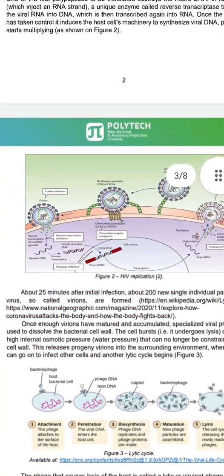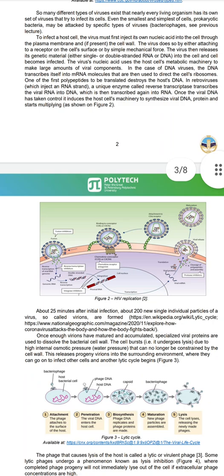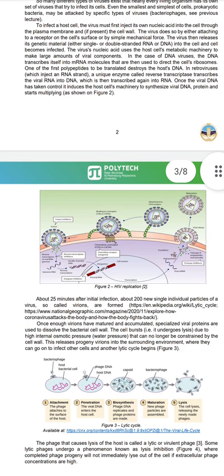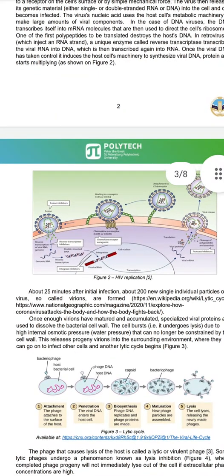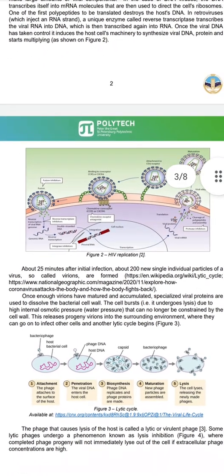About 25 minutes after the initial infection, about 200 new individual particles of a virus, so-called virions, are formed. Once enough virions have matured and accumulated, a specialized viral protein is used to dissolve the bacterial cell wall. The cell bursts.